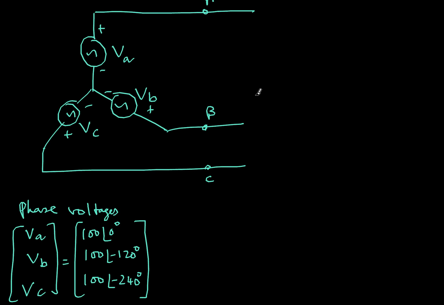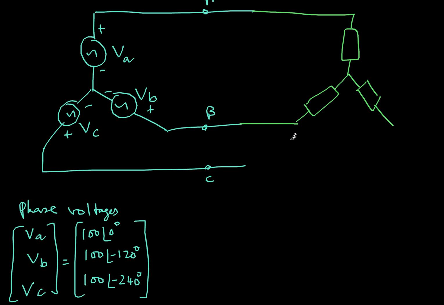Now, coming back to the load side, what do we have? There is an impedance, and another impedance, and another impedance. Three impedance values. I am using this box symbol to represent the load. The impedance value is also given, 2 plus j7 ohms.